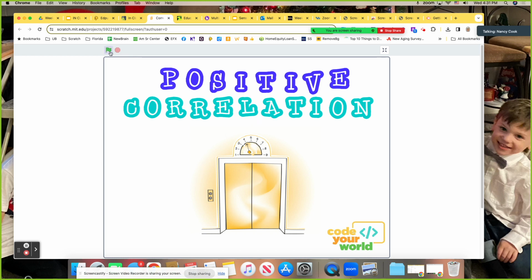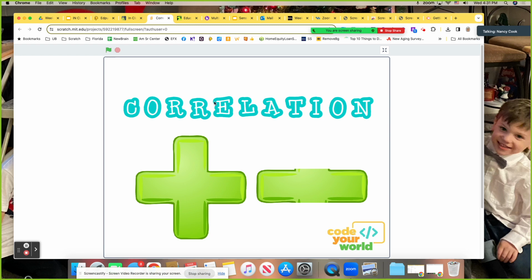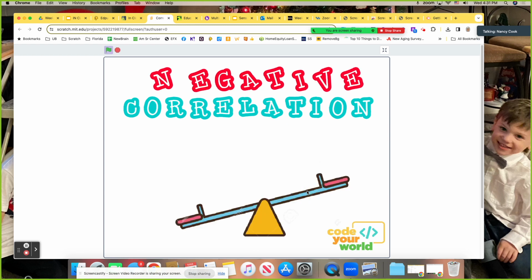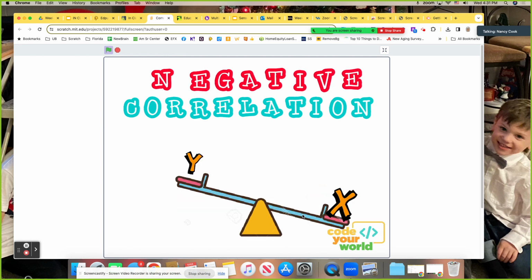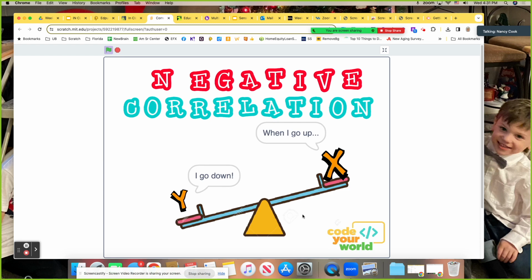Okay, so that's a positive correlation. A negative correlation is like a teeter-totter or seesaw, because when one variable goes up, the other one goes down.